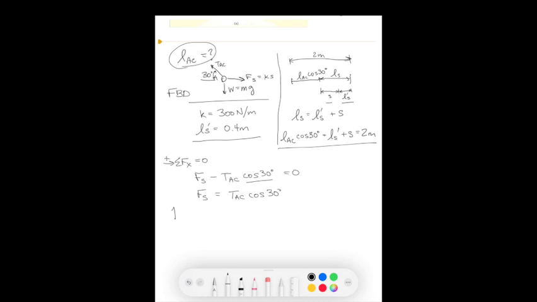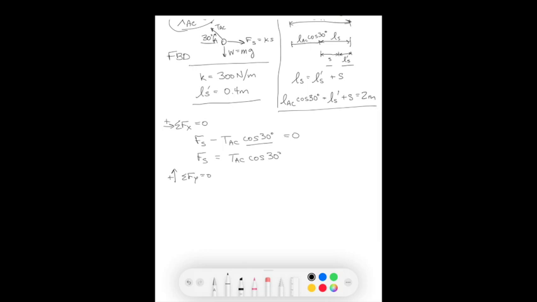The next thing I'll do is solve for the y direction. So pointing up, positive, we have the tension in the cord AC times the sine of the angle. And downward we have the weight of the lamp. So again, we see that the weight of the lamp is equal to the y component of the tension in the cord.